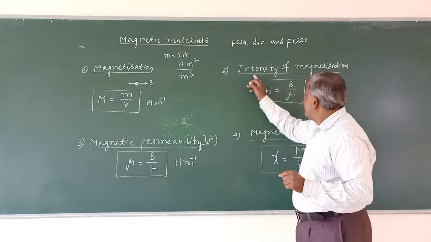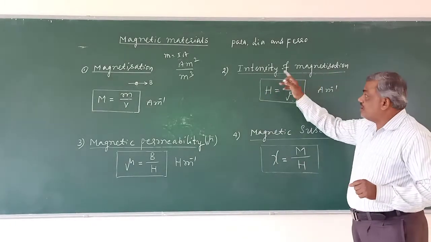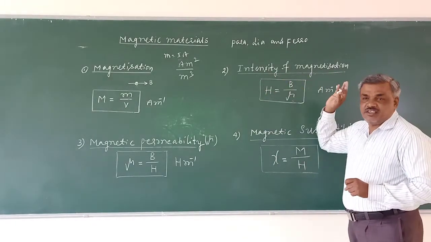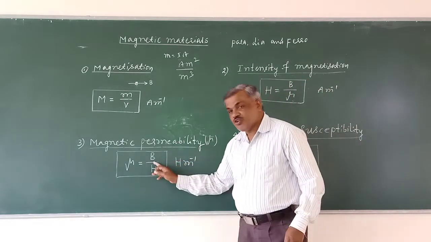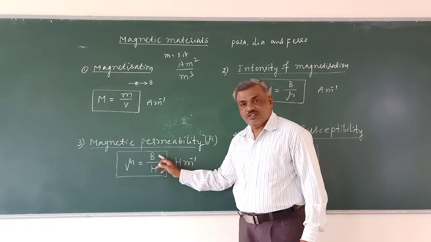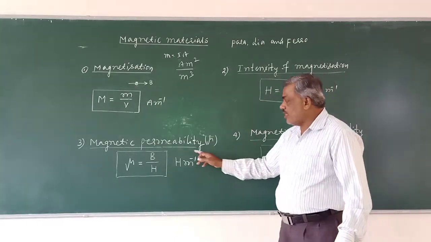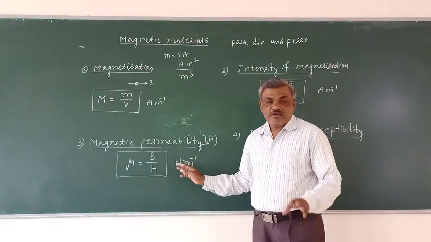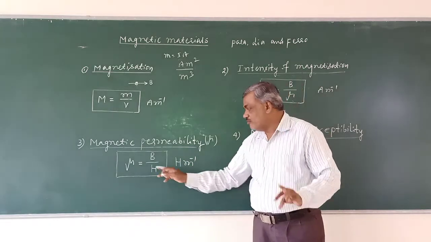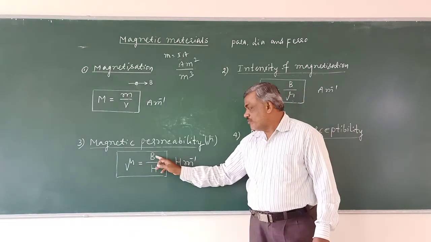H is the intensity of magnetization or magnetic field intensity. Now the ratio of magnetic induction to the intensity of magnetization is called magnetic permeability. The symbol mu, mu equals B by H.